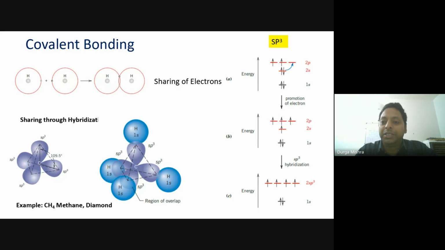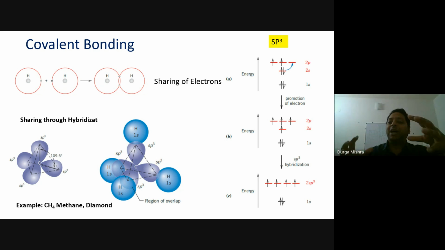Instead of having an independent 2s orbital, 2px, 2py, and an empty 2pz, one electron from 2s goes to 2pz, and they form sp3 hybridized orbitals.